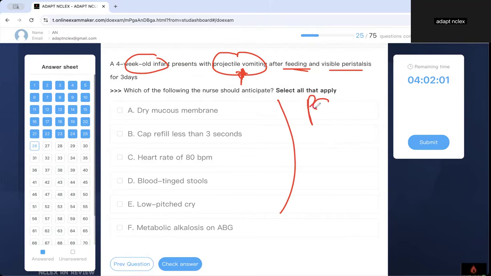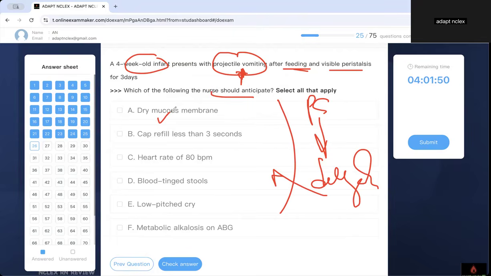Every time you see pyloric stenosis, what should be the next thing? Dehydration. And therefore, every answer choice is about dehydration. What should I anticipate? Dry mucous membrane. Excellent. I'm going to see that. Is that true? Yes. Capillary refill less than 3 seconds, it means what?